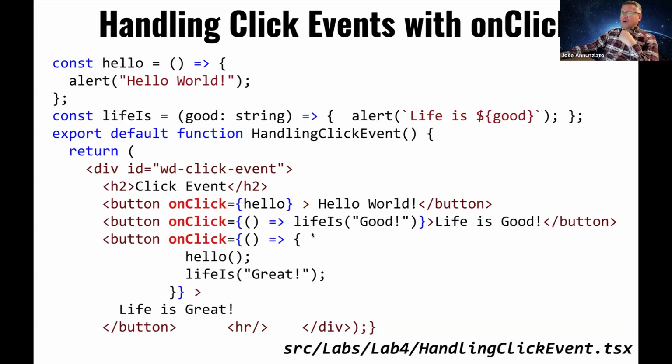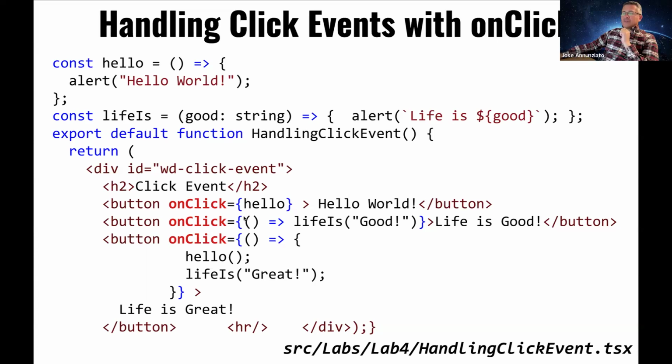One might ask, well, why bother with this extra syntax of parentheses and arrow? We could have just dropped that and called life is good. Not so. Don't do that. Whenever you have a function name and then parentheses, that function will be invoked immediately.